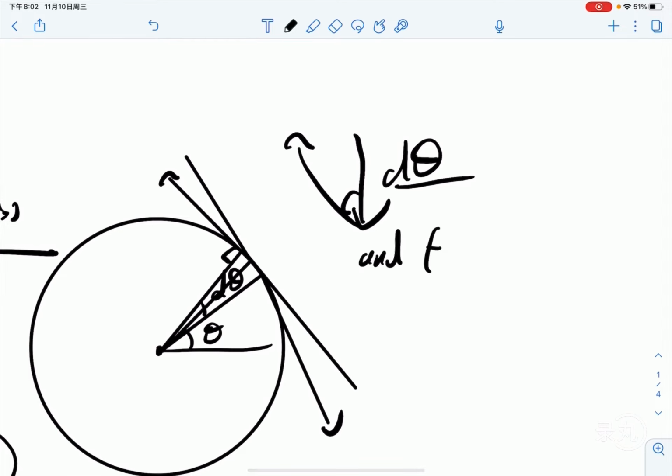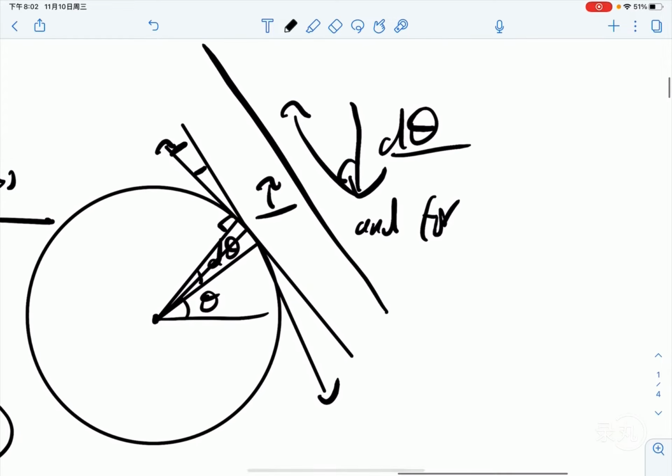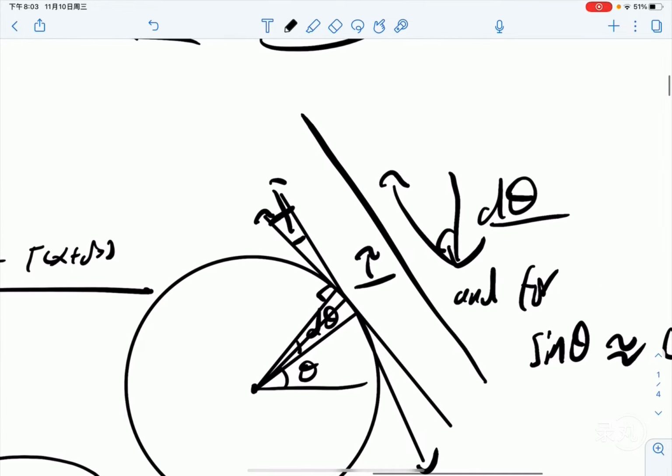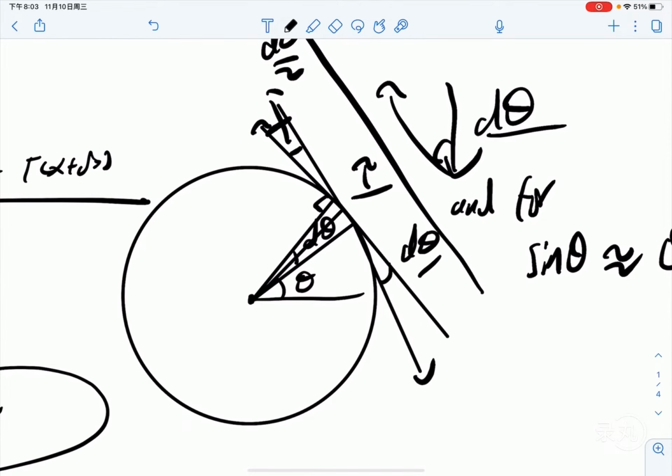And in the tau direction, which is the tangent direction, we have the tension by the small angle approximation, where sine theta is approximately theta. So this part is d theta divided by 2, and this part is d theta divided by 2.